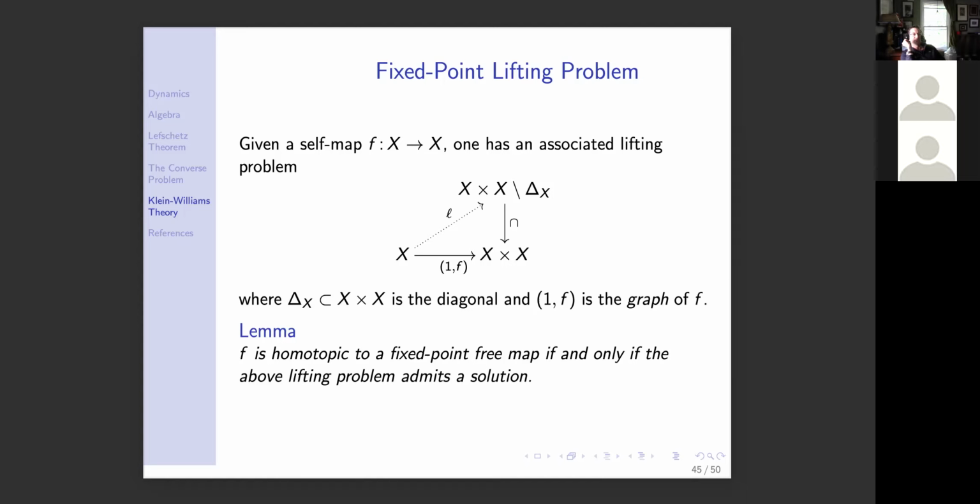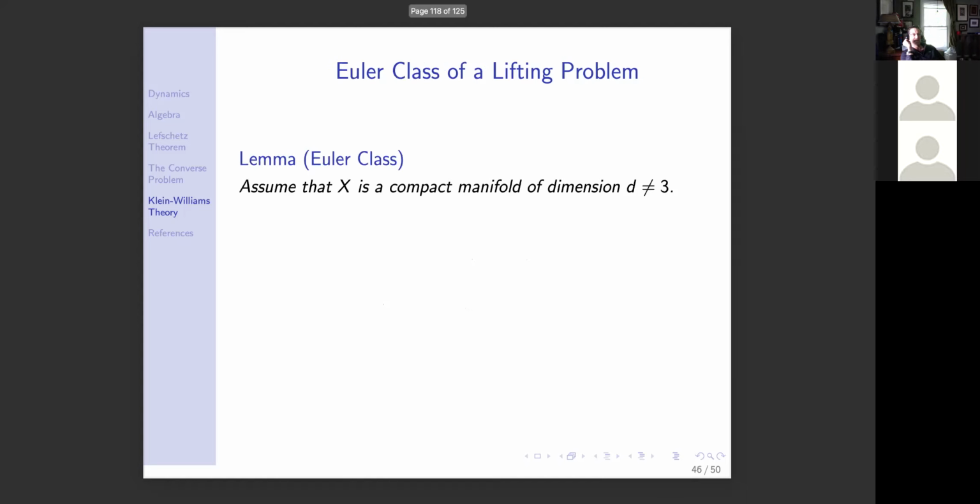Okay. So that was the first step in my program that I showed in the outline. The second step is to associate an obstruction, which we call the Euler class of a lifting problem. Assume X is a compact manifold of dimension D not equal to 3. Actually, you don't even need a manifold in this step, but I'll state it that way.